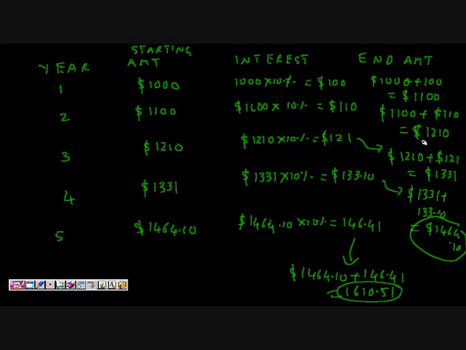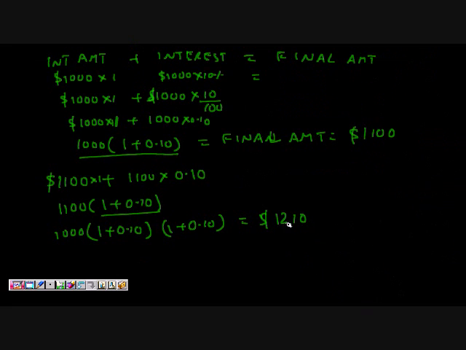Now if you recalculate the interest for the third year, so $1,210 plus 1,210 into 0.1. 0.1 is the 10% interest. So if you take 1,210 common, we can write. Now 1,210 is 1,000 into 1 plus 0.10 into 1 plus 0.10.